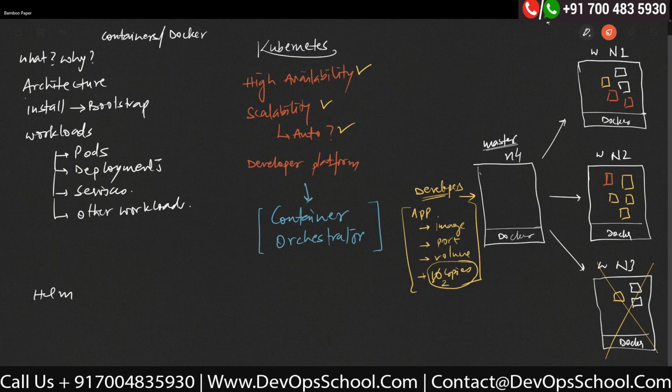Now there are many examples of this. There is Docker Swarm, there is Kubernetes, and then there is Apache Mesos. These are all container orchestrators.